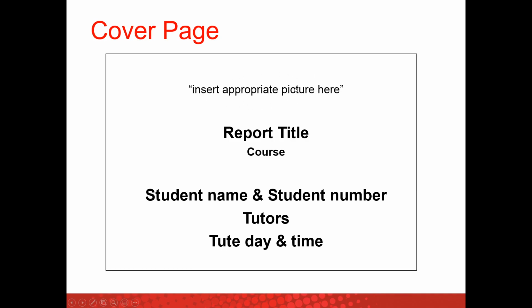You would expect an appropriate picture for what the report is. There should be a title, the course details, ISYS 2056, the student name and number, and the tutors' names. Ideally put both tutors, and most important of all is your student number. The last part is the date and time on the cover.